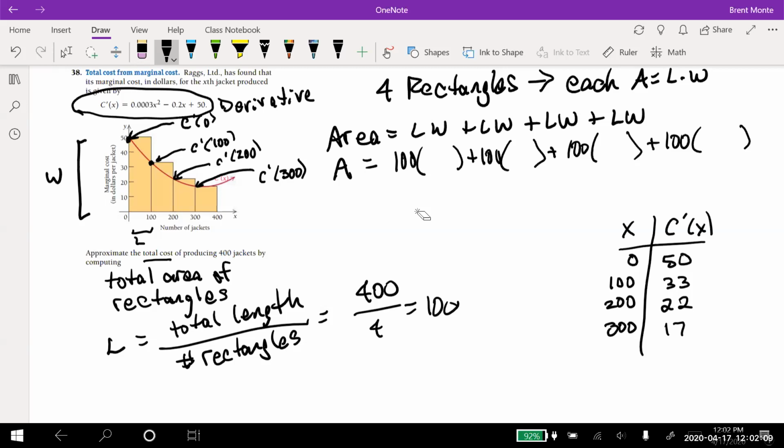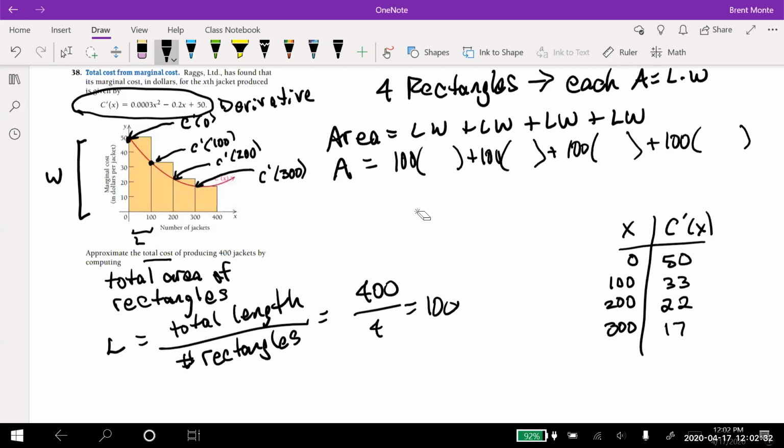Of course, I don't have a pattern. We would have had a pattern, it'd go down the same amount each time if it was a line. That's the definition of a linear function. It always increases or decreases at the same amount. So since I didn't have a line, obviously it's not going down as quick. And we see that because the derivative there is getting to be a smaller negative number.